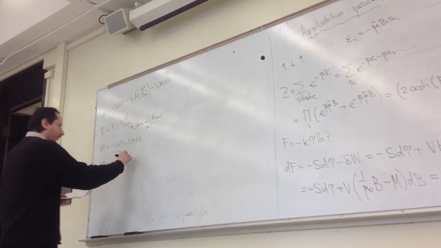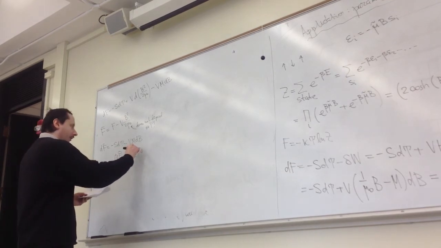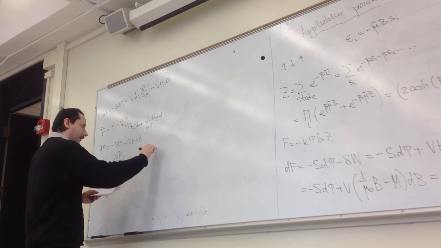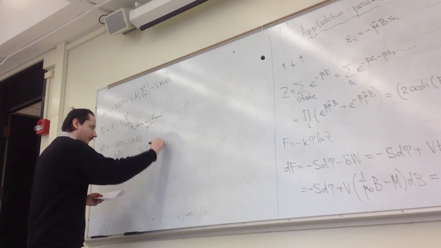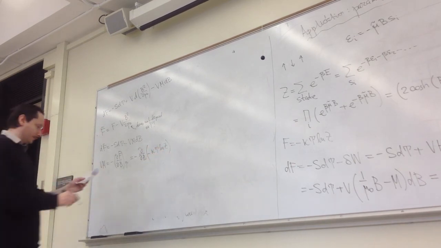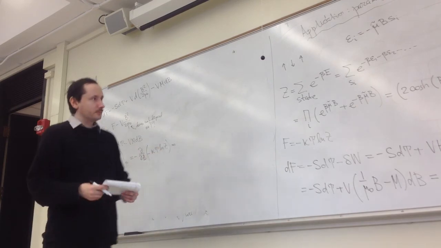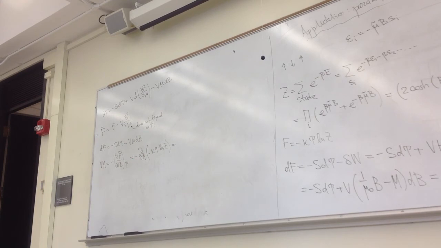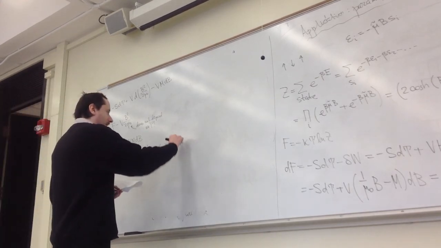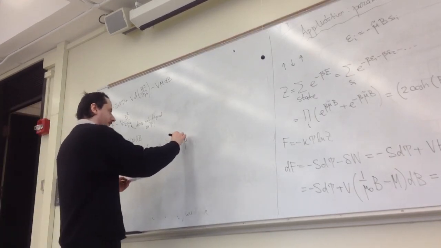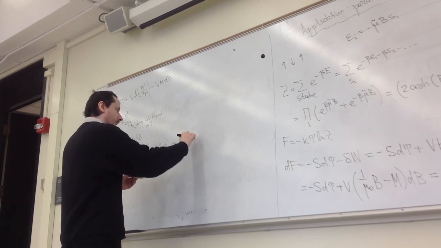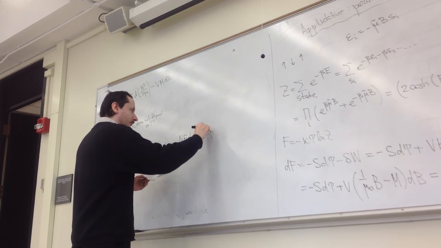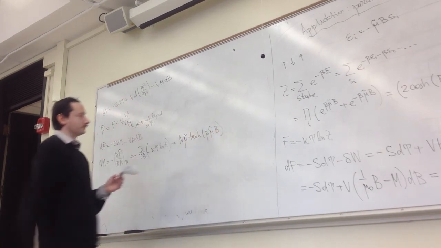So this is equal to minus d/dB applied to minus kT log Z. This is my Z. I take its log, I differentiate it. The algebra is given in the notes. Let me just write the answer. This is the answer.